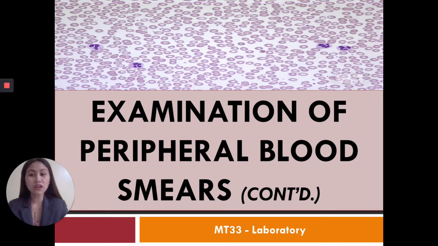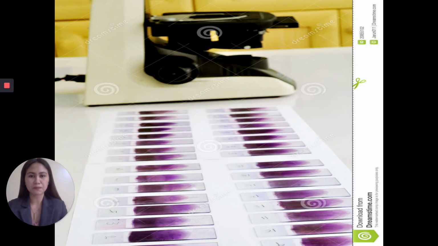So to start with, you need to use your stained peripheral blood smear. Usually your stained peripheral blood smear looks like this.